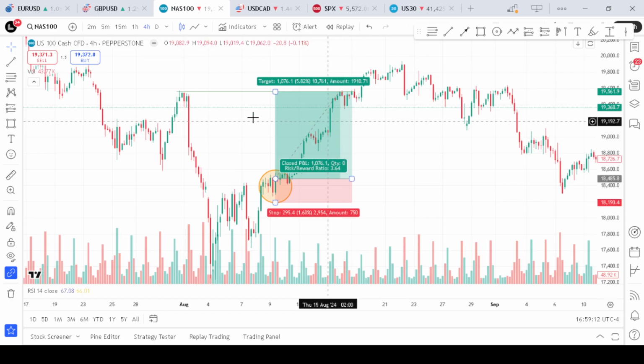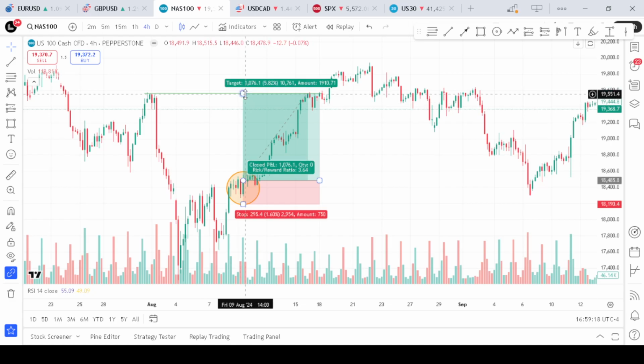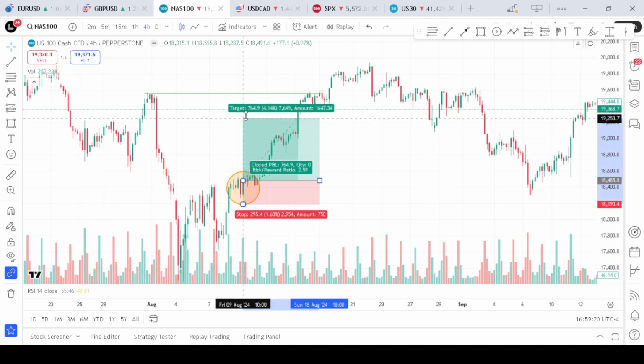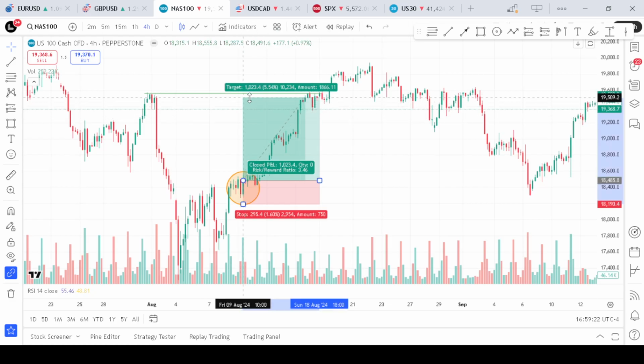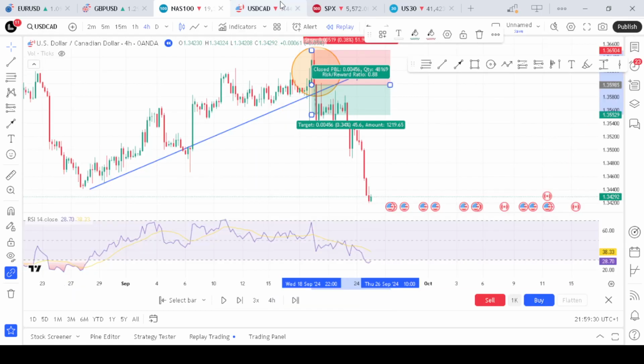So this is taking profit at a resistance zone, or we can make use of a standard risk to reward of 1:2 or 1:3, as the case may be. Depending on how you want to take your profits, you can choose between taking it at a previous resistance or support level, or you can use a fixed risk to reward of 1:2, 1:3.